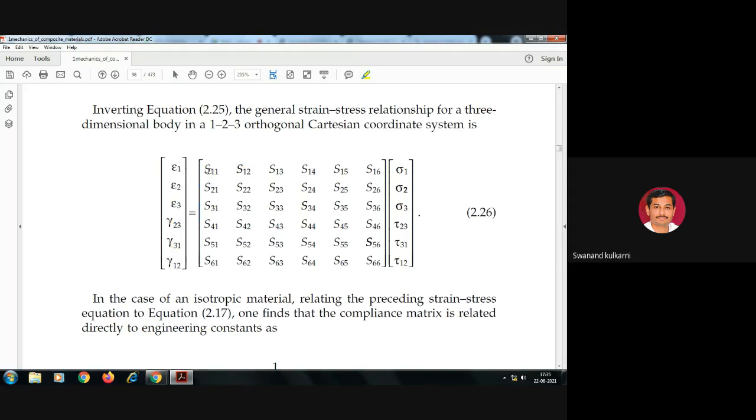This particular value of S11, this particular value of S22, this particular value of S33, all these three are the diagonal values shown here.